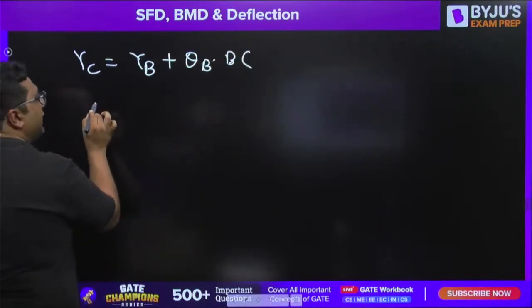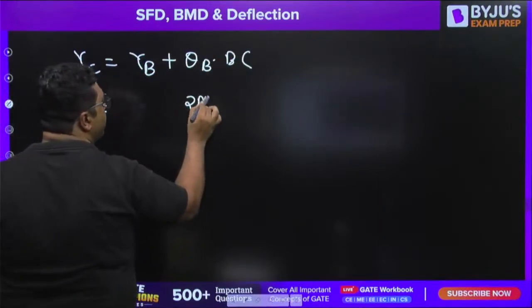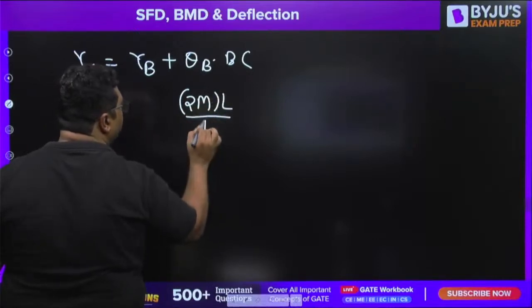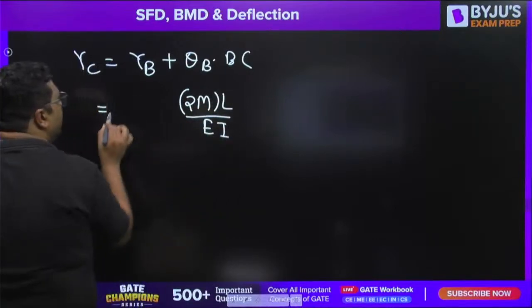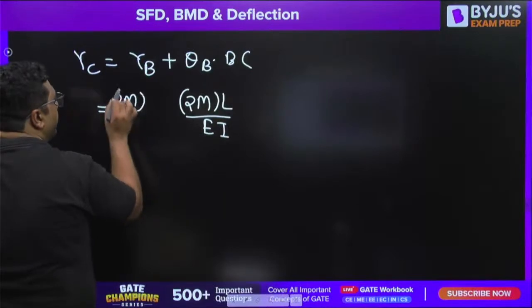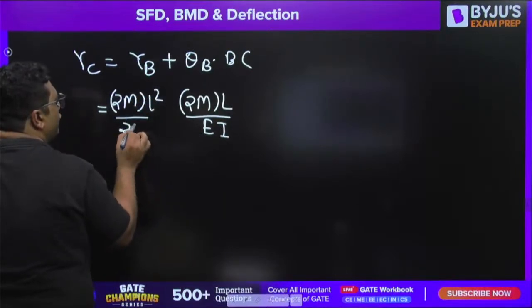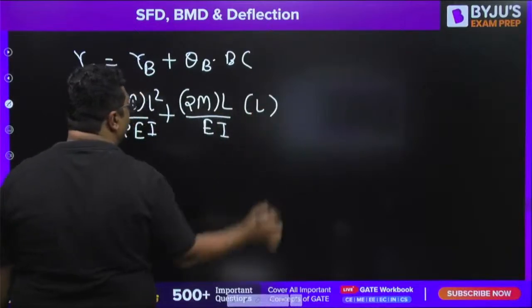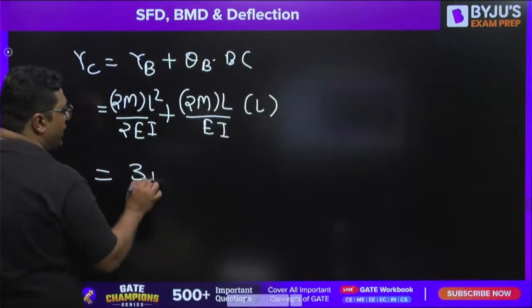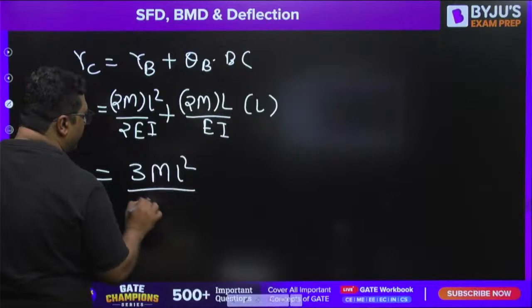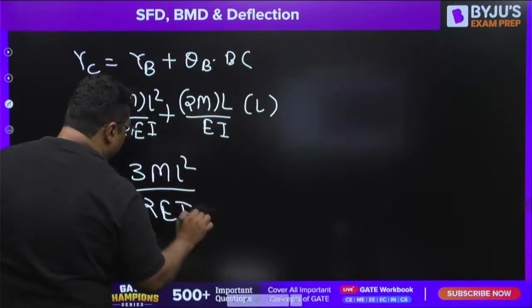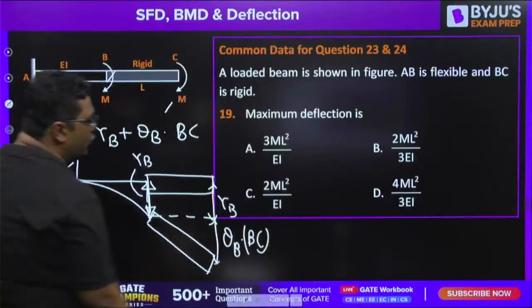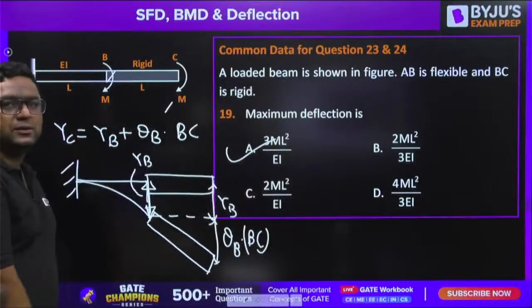You know that theta at B was 2ML upon EI. Similarly, Y at B will be 2ML square upon 2EI into L. The answer is very easy to find: 3ML square upon 2EI. So guys, with this we have completed the question. The answer is A.